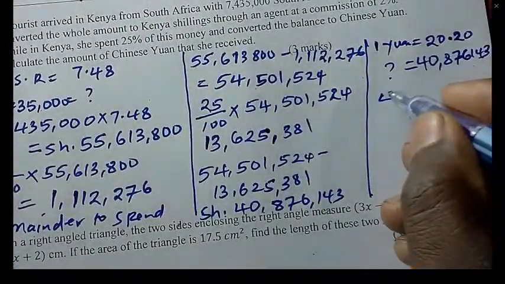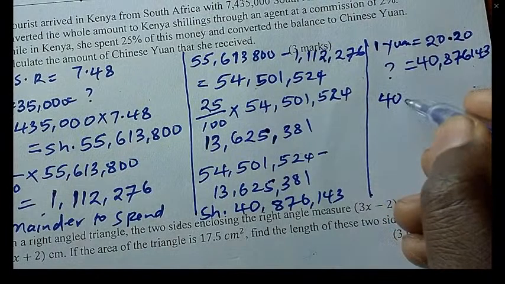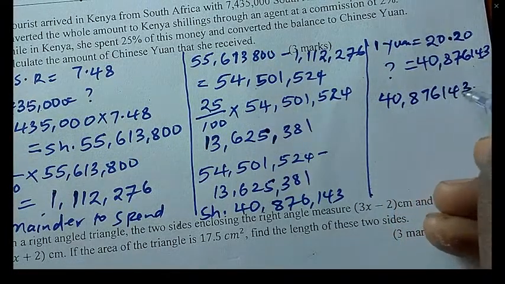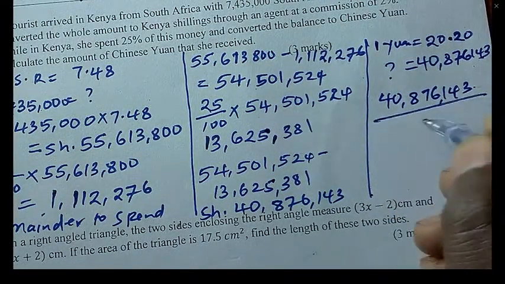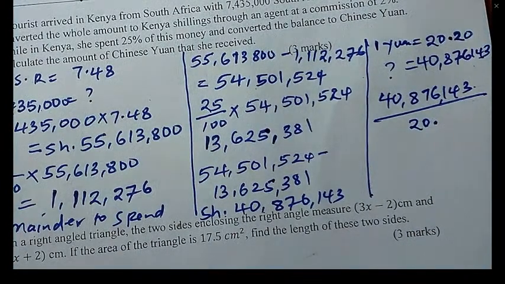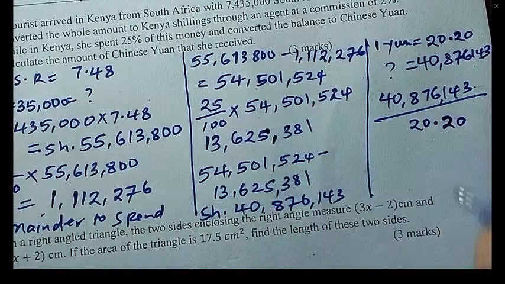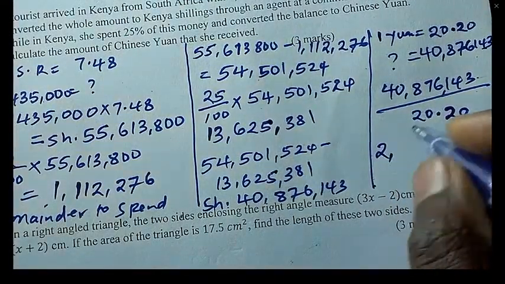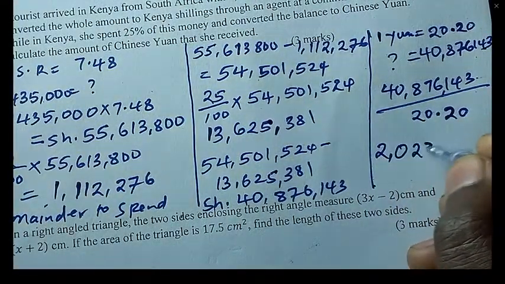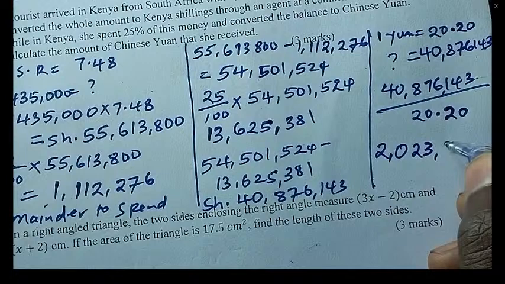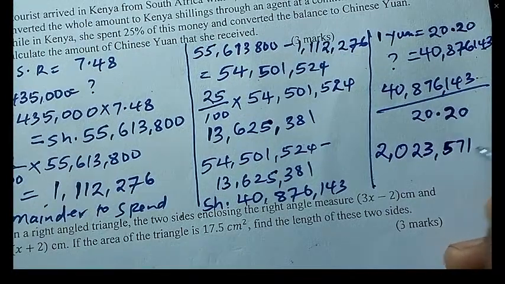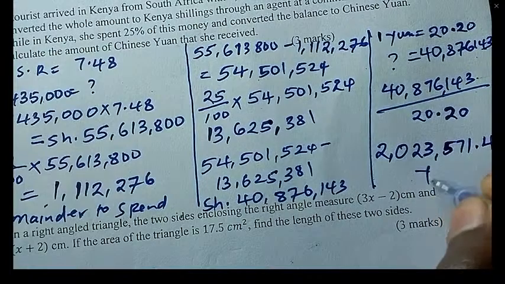So that is 40,876,143. You divide by 20.20. That one will give us 2,023,571.4 yuan.